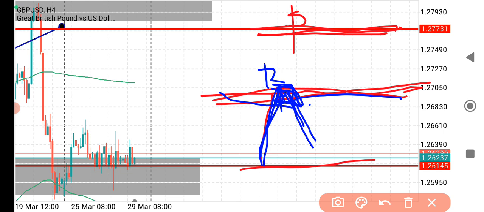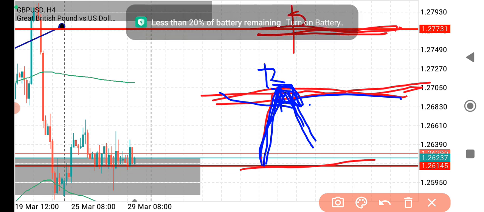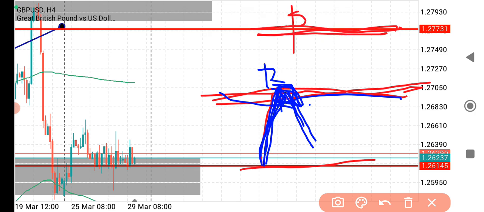Why? Because for price to move from a support to a resistance, it means that buyers are in control of the market. So we need proof that sellers have come into the market and are ready to bring price down from that level of resistance.